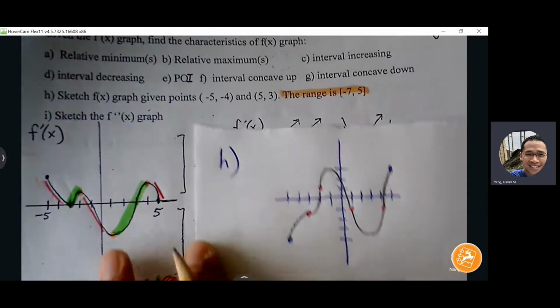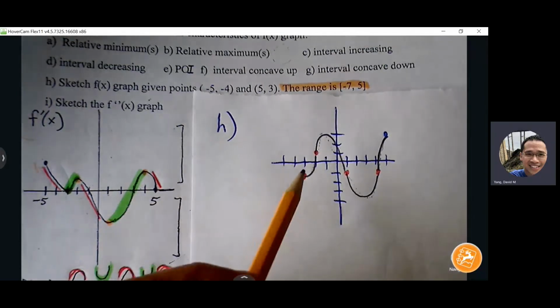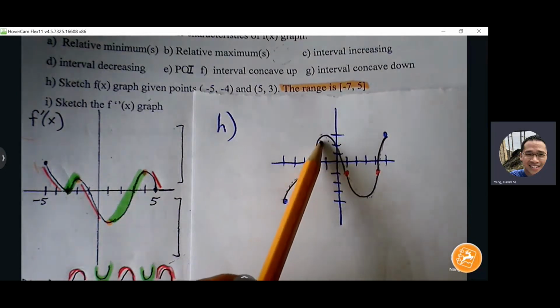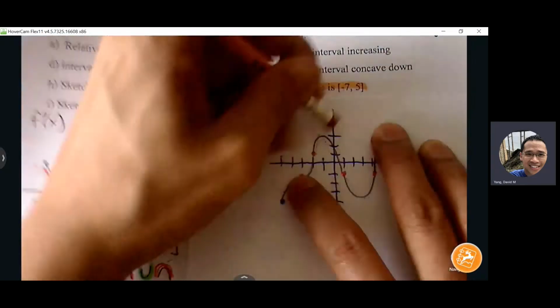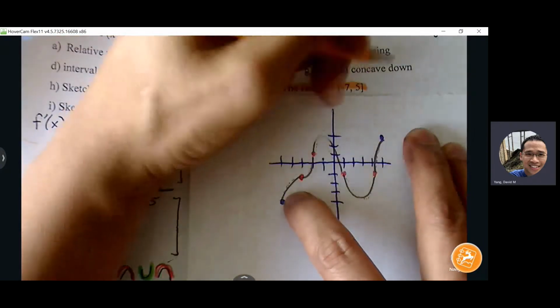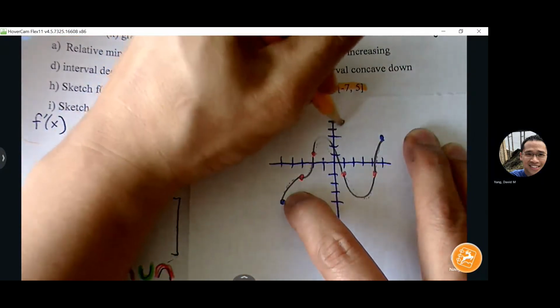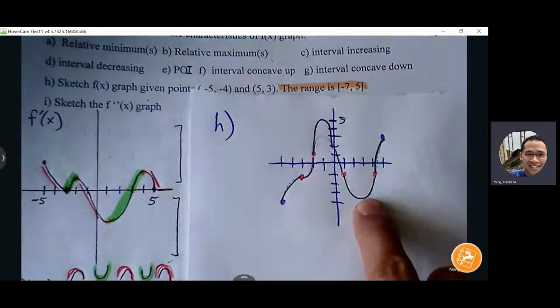Okay, so there's my graph, but now I want to go back and see, does this fulfill my condition for my range? I want the graph to go up as high as 5 and as low as -7. So I may need to adjust this so that I can push and pull on the graph a little bit so I can get it up to 5. And this is too low, right?